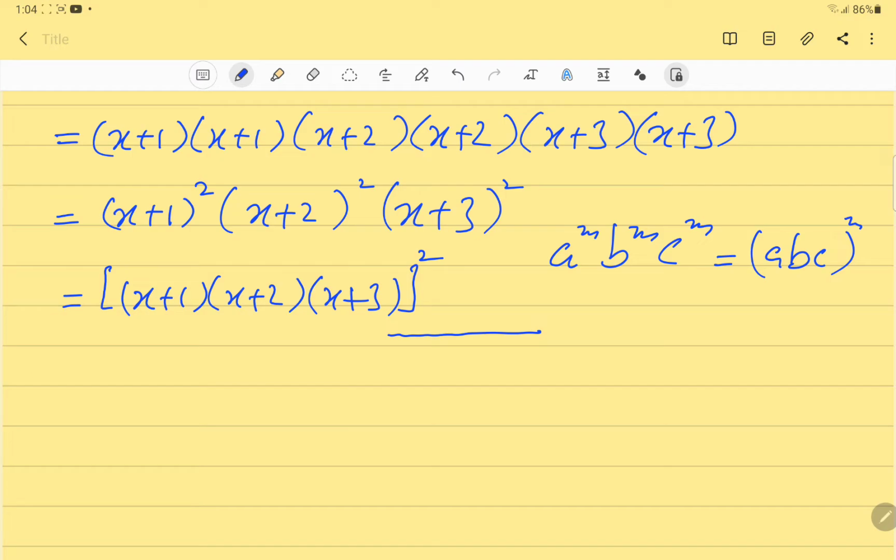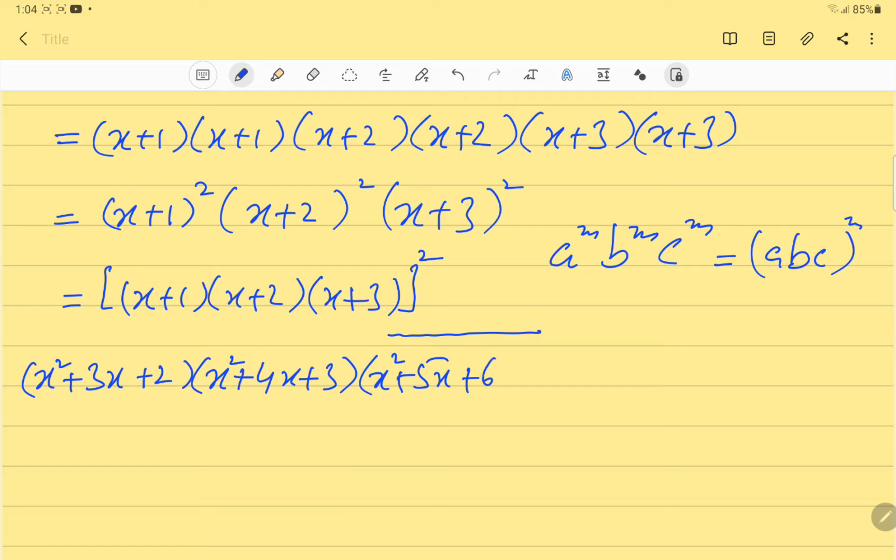Our expression is x squared plus 3x plus 2 into x squared plus 4x plus 3 into x squared plus 5x plus 6.